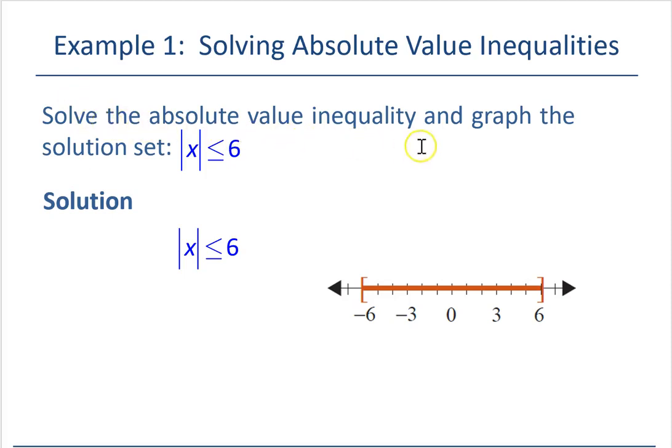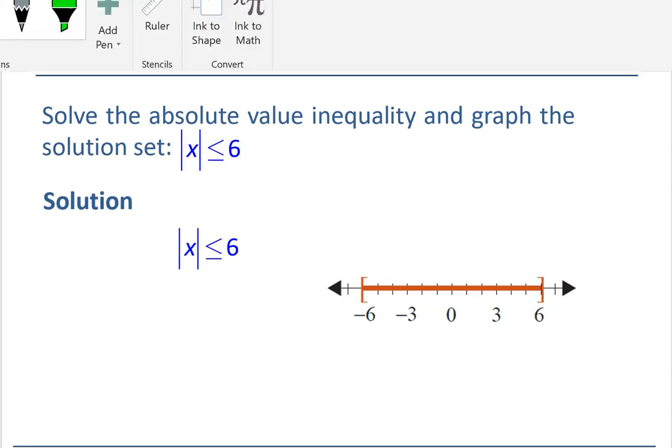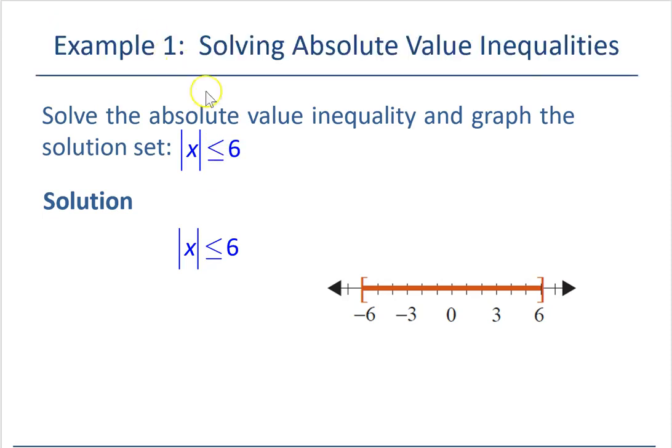Solve the absolute value inequality and graph the solution set. It says the absolute value of x can be less than or equal to 6. Well, what is that saying? It's saying, remember, x right here can also not just be this, but it can also be negative 6 as well.